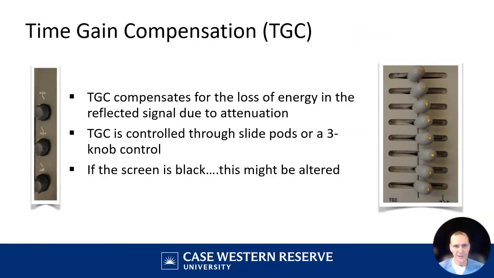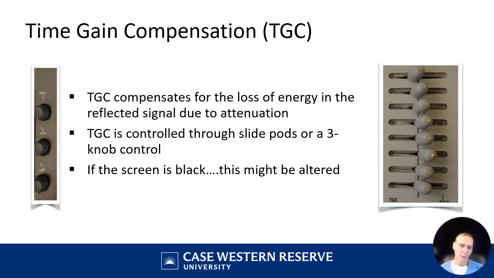And then finally, this setting again is less frequently adjusted in our setting, but time gain compensation. So TGC is a setting in ultrasound that compensates for the loss of signal strength as the ultrasound beam penetrates deeper into the tissue. As sound travels far through tissue, it loses energy due to absorption and scattering, causing the reflected signals from deeper structures to be weaker than from superficial structures.